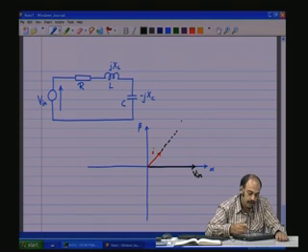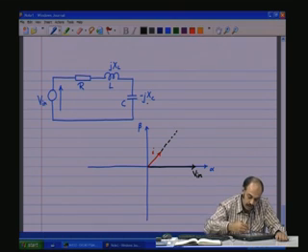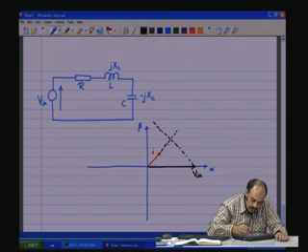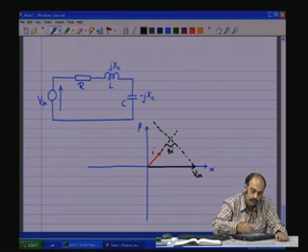The voltage across the inductor is going to be orthogonal to this, and so also the voltage across the capacitance. So, which means they have to be orthogonal to this line. So, this is 90 degrees.